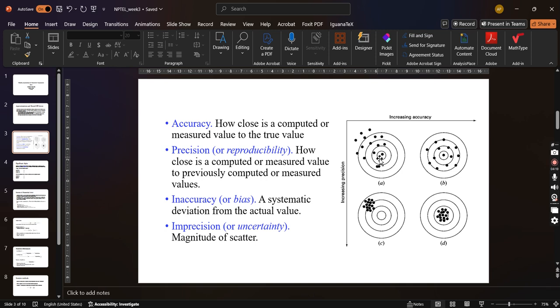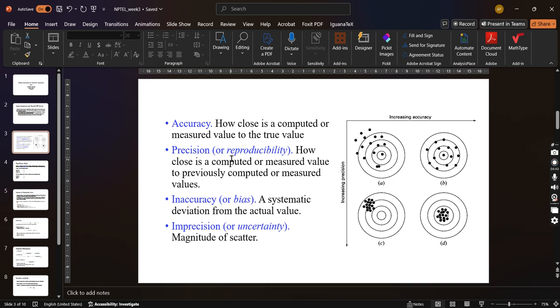The true value is somewhere around the center of this image, and as we go away from this circular region, our accuracy decreases, and since all of these values are also scattered, they are not concentrated on one point, so the precision is also not there.